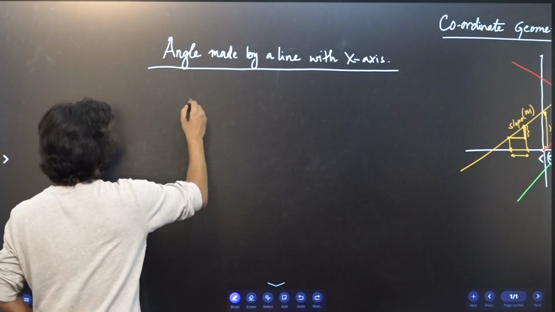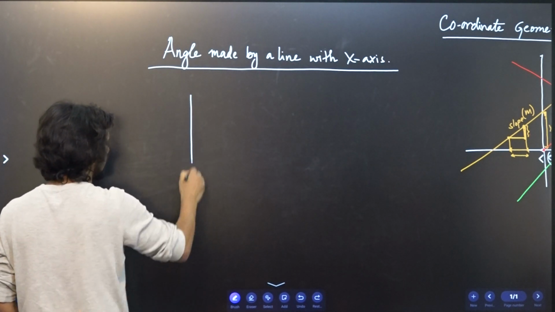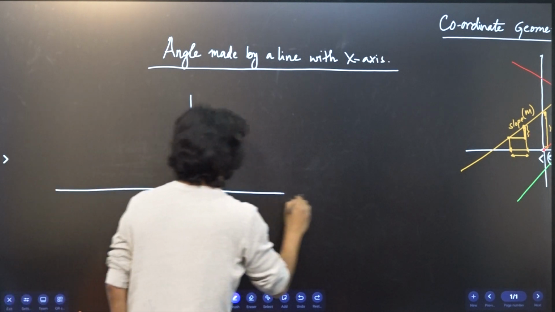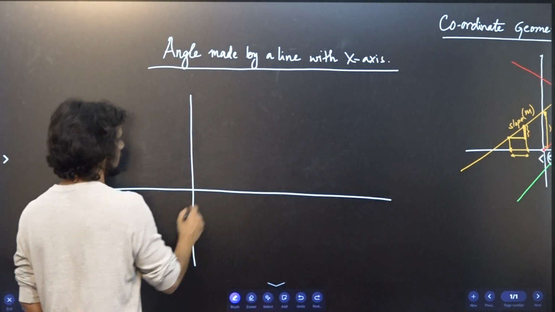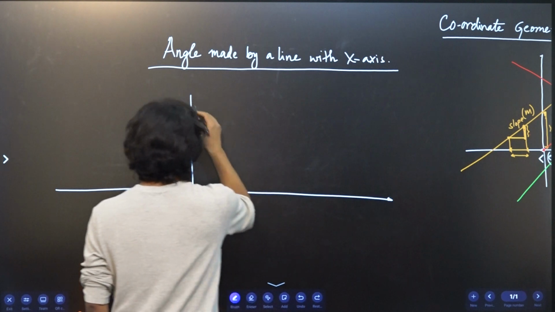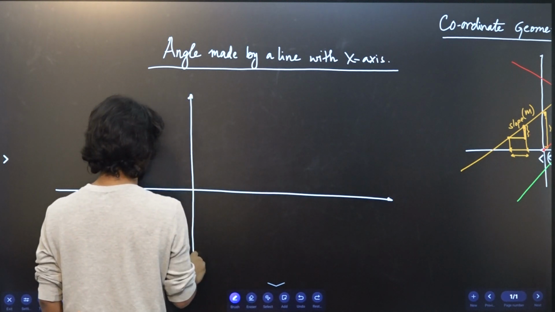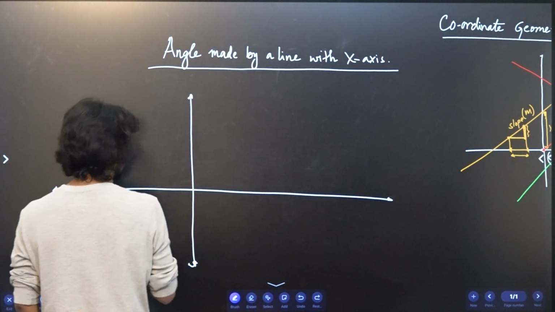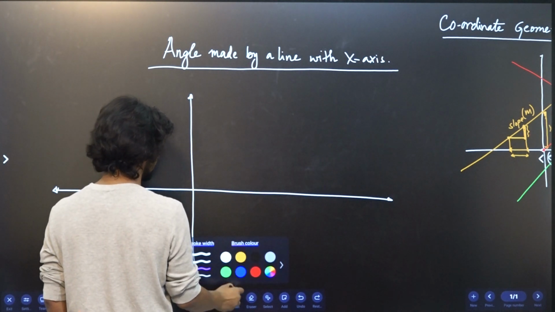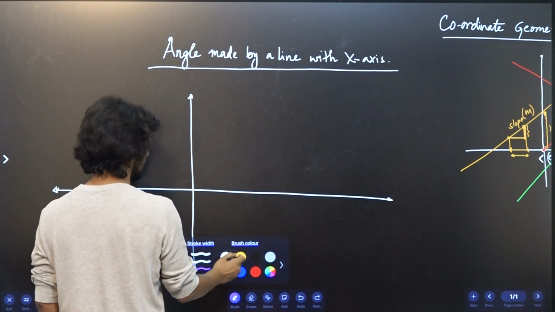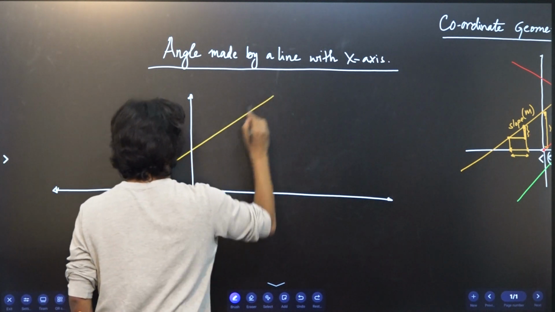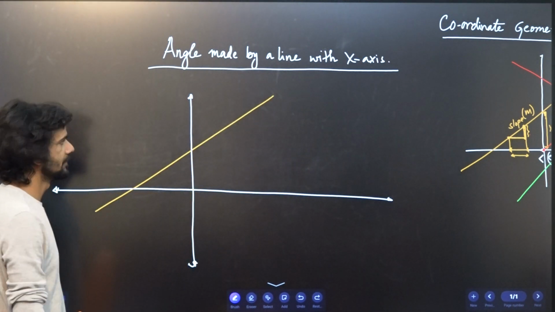So, let's make this the x-axis and y-axis, positive and negative, and then we have a line. Let's have a yellow line. So this is a line, right?